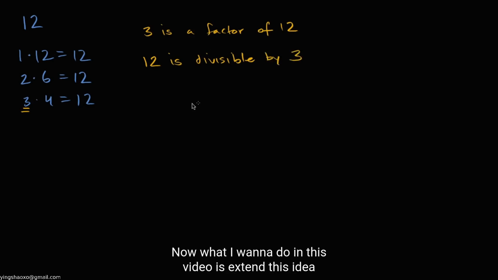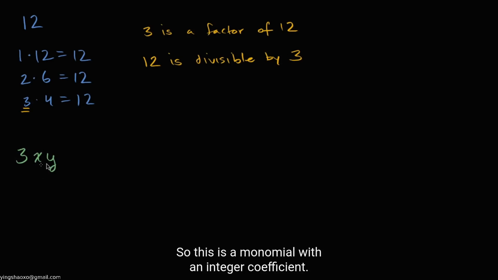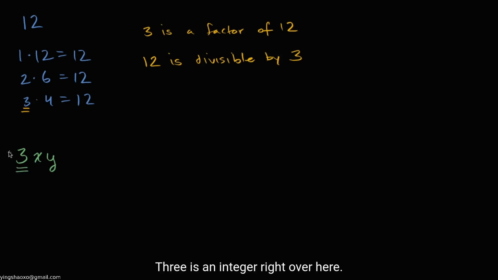Now what I want to do in this video is extend this idea of being a factor or divisibility into the algebraic world. So for example, if I were to take 3xy, so this is a monomial with an integer coefficient. 3 is an integer right over here.